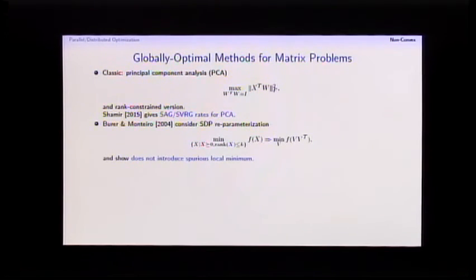There's also work looking at reparametrizing SDPs. So if I have this problem of minimizing f of x, subject to x being positive definite, but having a rank constraint, which is non-convex, they looked at reformulating with this VV transpose representation, which makes it non-convex, but they showed that this actually doesn't introduce spurious local minima.